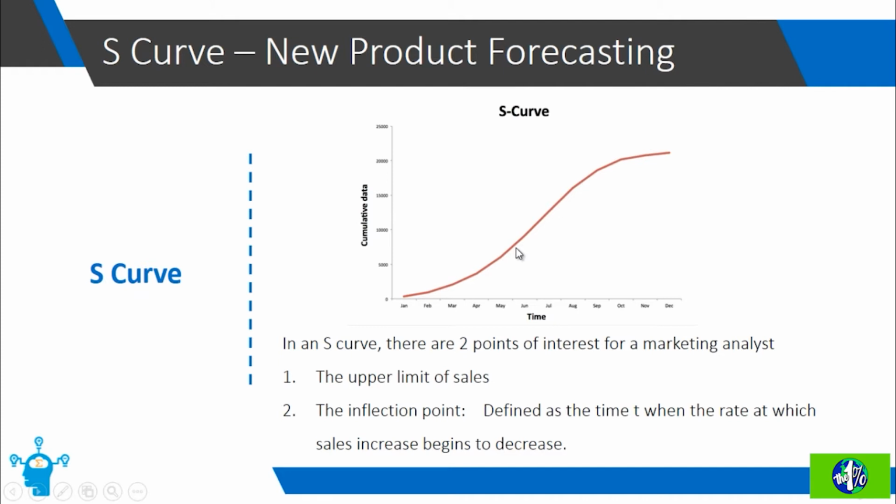For example, if you consider mobile phone sales, in the initial few years when this technology was new, the rate of growth was increasing and a lot of people were buying new phones. But slowly, over a period of time, when this technology is not that new, the rate of growth in sales of phones is not as high.